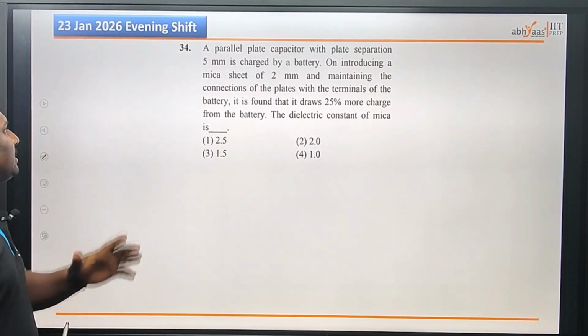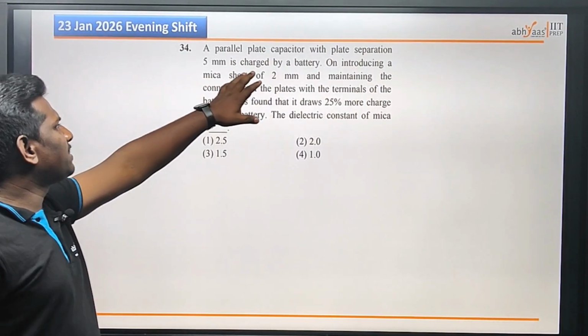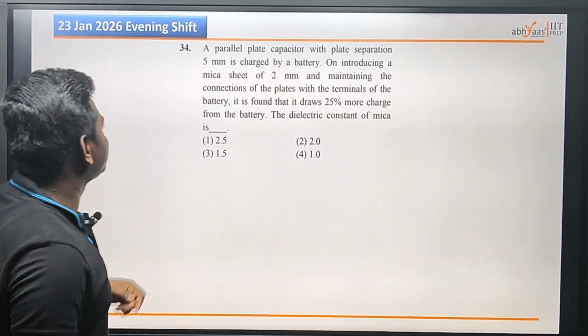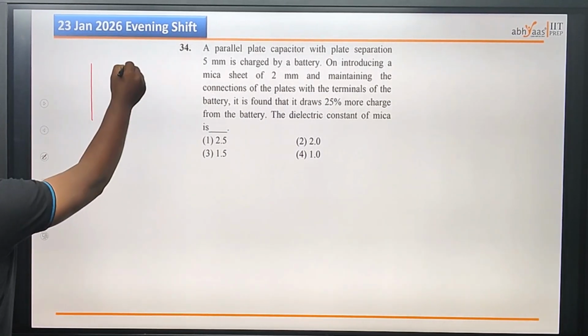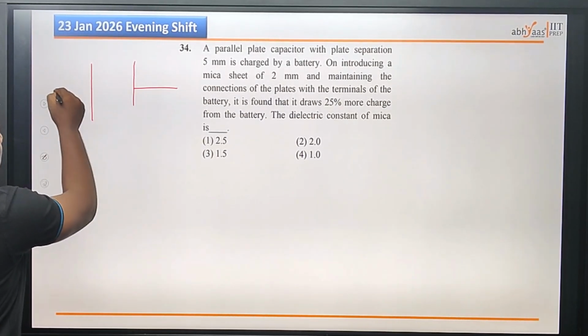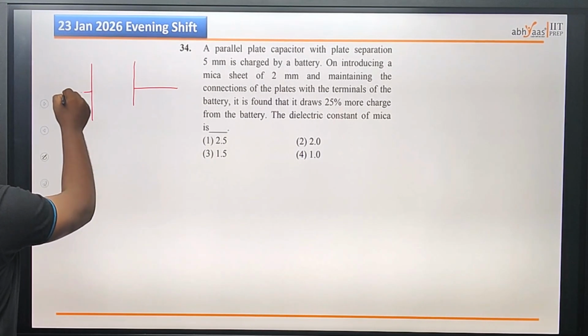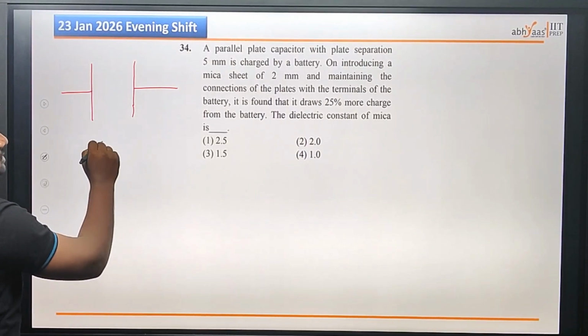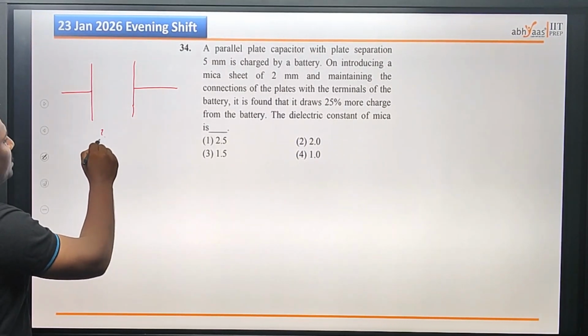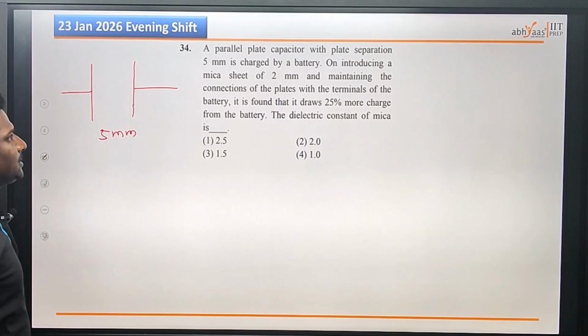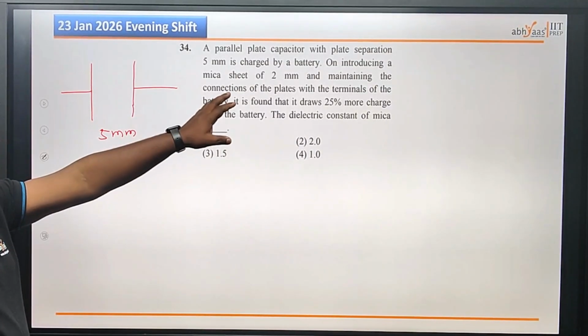Next question, see here, 34. A parallel plate capacitor with a plate separation, I am writing here. This is our parallel plate capacitor, which has a separation of 5 millimeters and is charged by a battery.